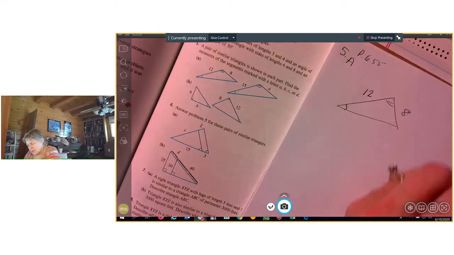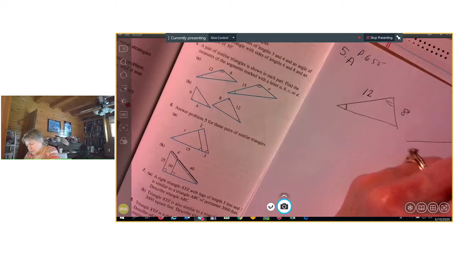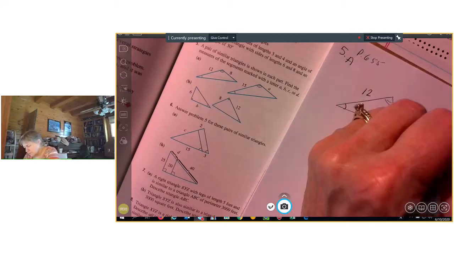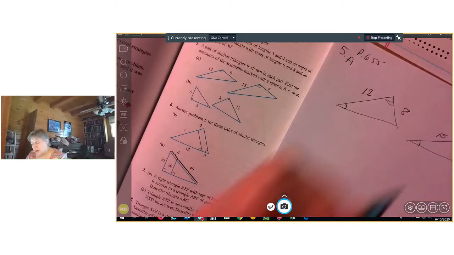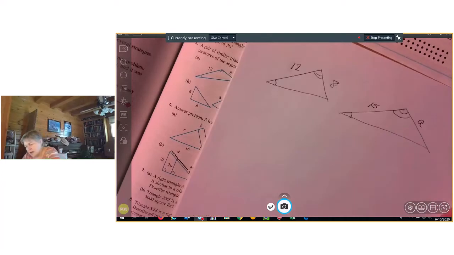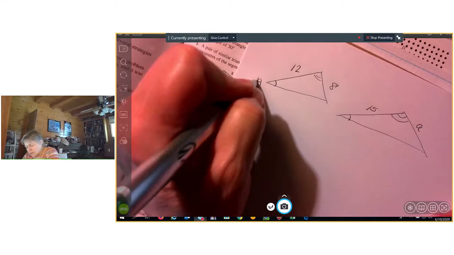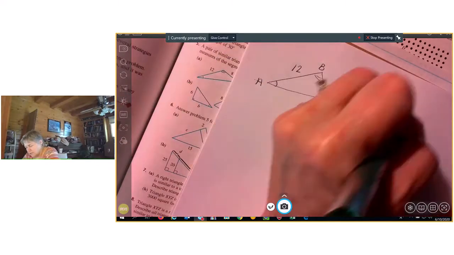And then I'm going to draw this one out right beside it. The reason I do this is that as I'm looking at them, I can letter them and go, okay, well, this is A, B, and C, and this is D, E, and F.